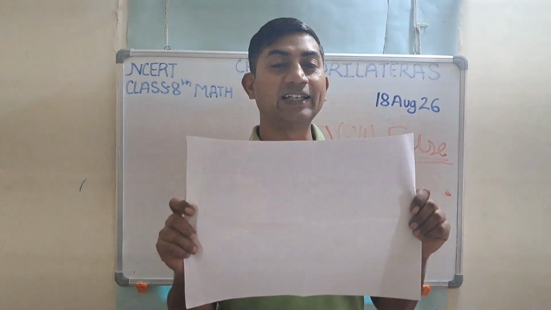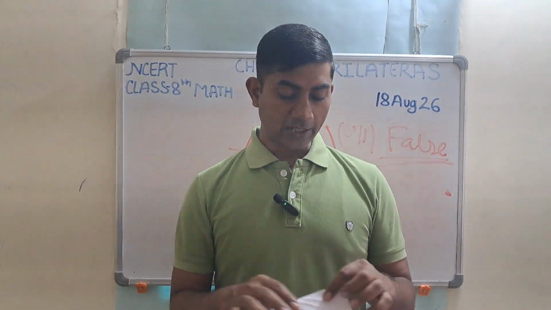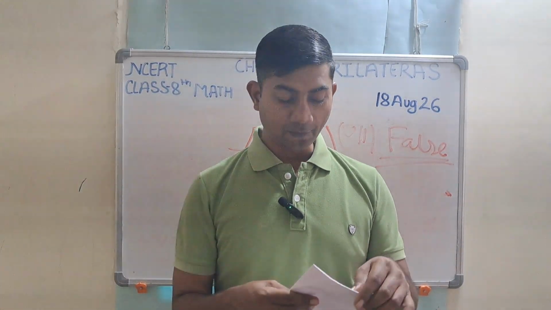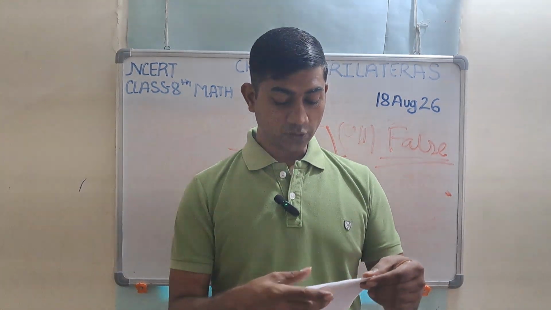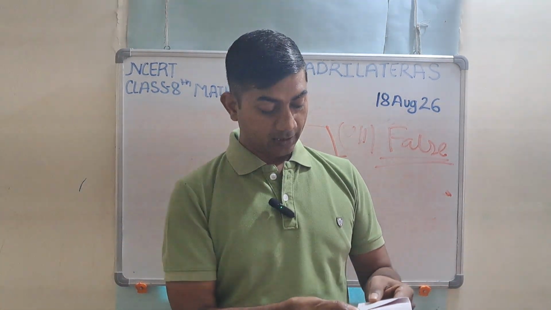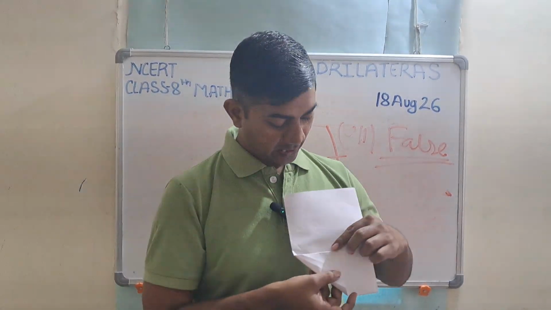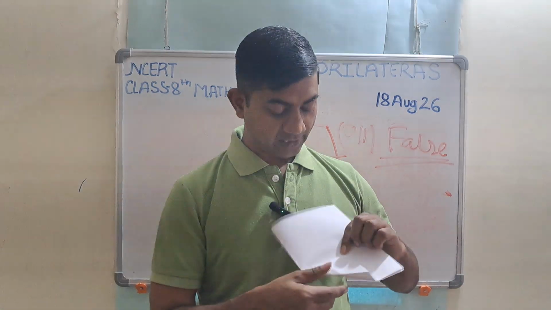Now what they are saying, can you make a square? Can you make a square by folding this? Of course. How will you make a square? You have to fold in such a way that this side is equal to this side.